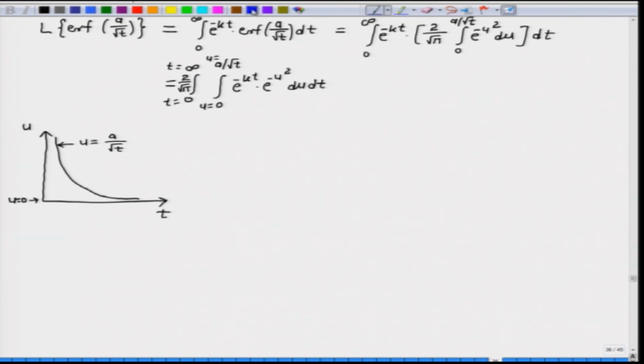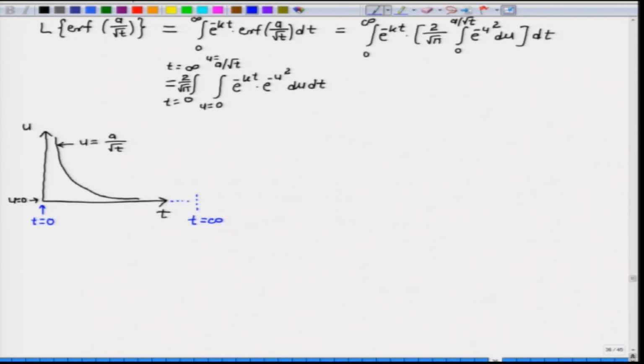And about t, the limits of t are from t equal to 0. So, t equal to 0 is basically the u axis, to t equal to infinity. So, the upper limit for t is infinity.